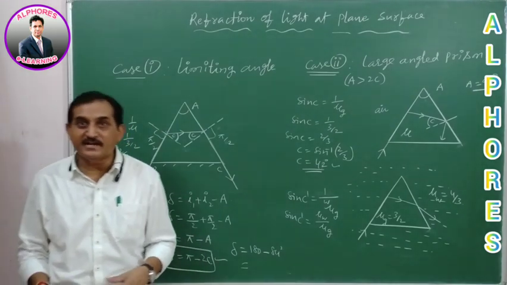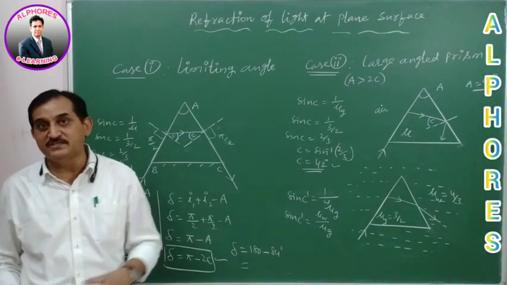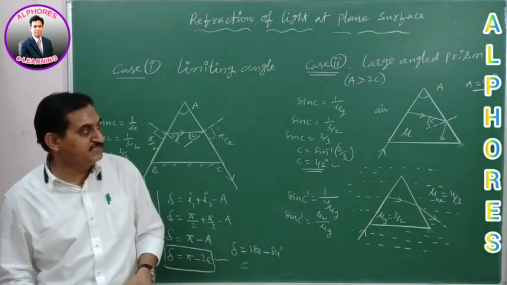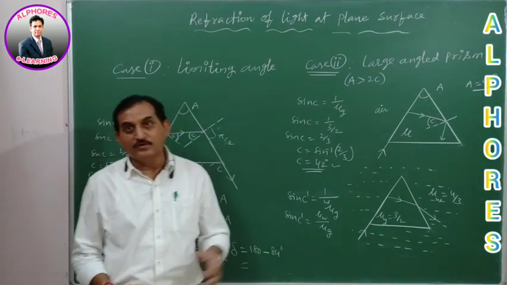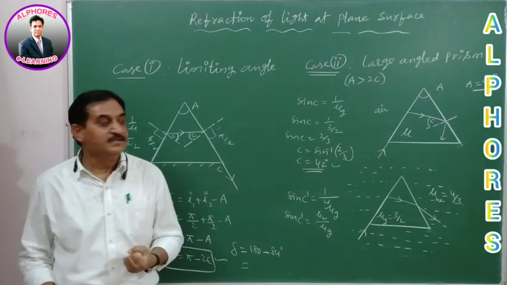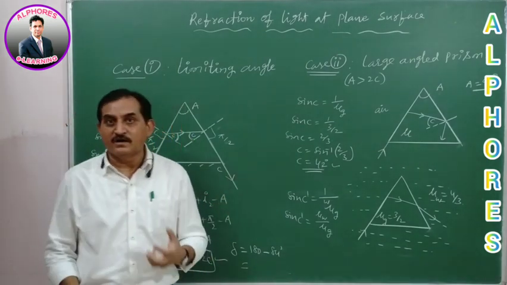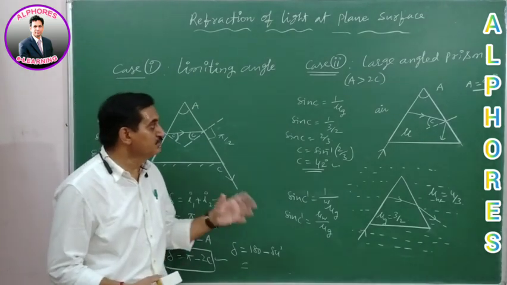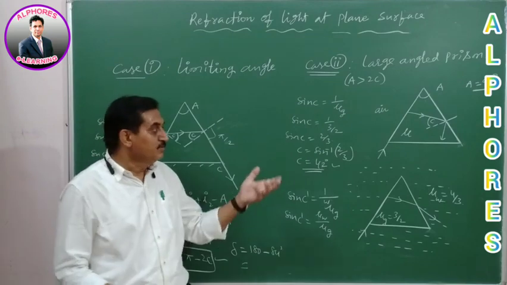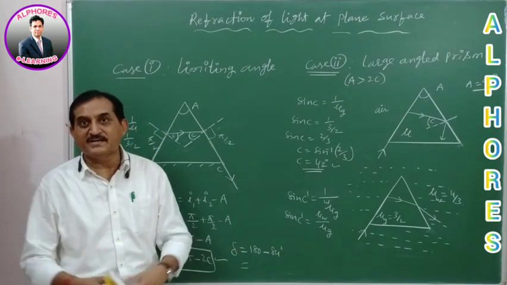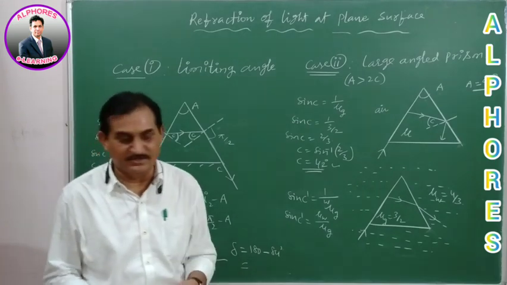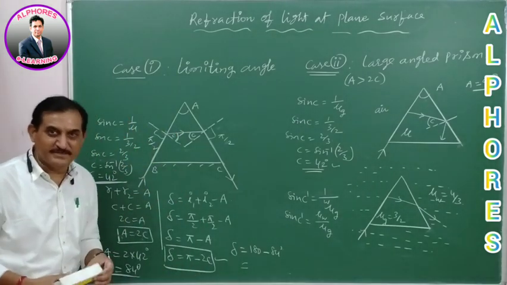Because in TIR there is no loss of energy at all. Whatever energy is incident, the same amount of energy will be reflected. Therefore, it gives brightness and clarity. Therefore, these large angled prisms are used in decorating functions, giving more bright, glaring light because of total internal reflection. So this is a large angled prism.